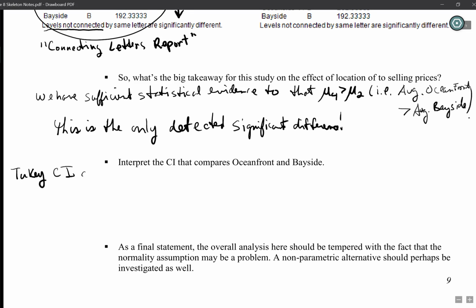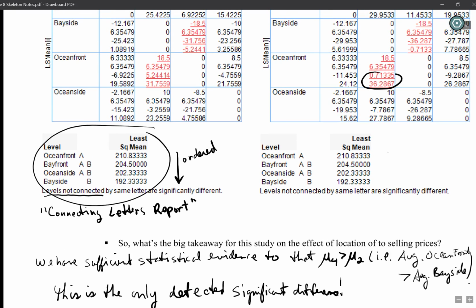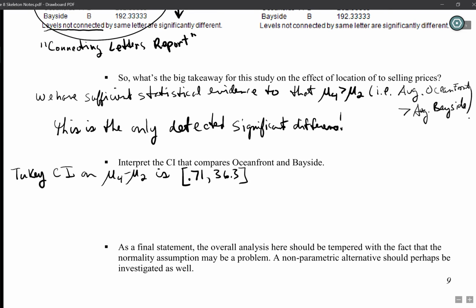The Tukey confidence interval on mu4 minus mu2 is, I like to do the larger one minus the smaller one, just so we're in positive values, 0.71 up to 36.3. That's where that comes from. Now, if you recall, this is in thousands of dollars. That was the units for the data for the selling prices.